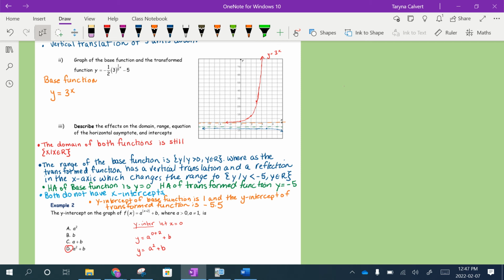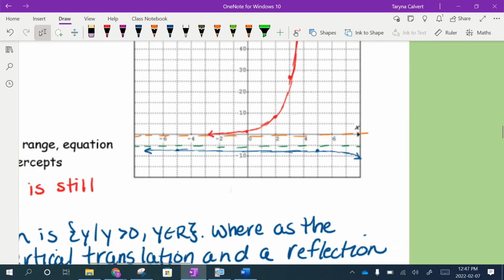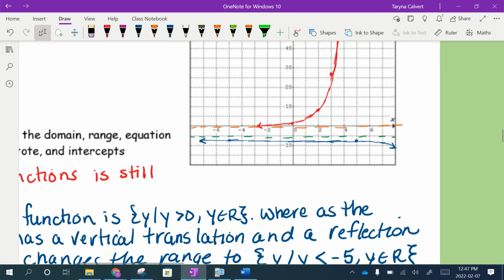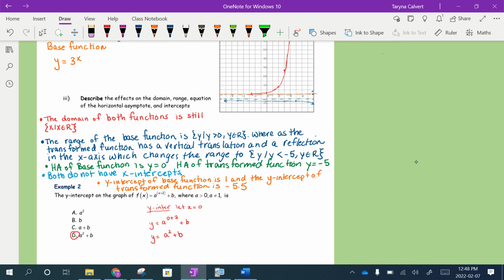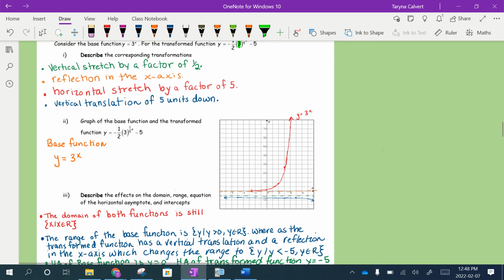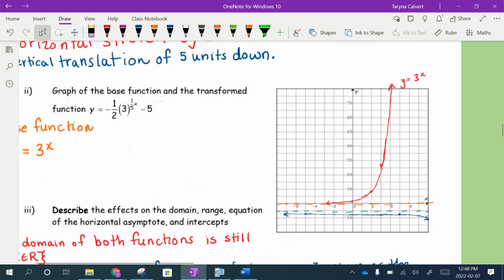Okay. And then y-intercept, right? So the y-intercept of the original was 1, so the y-intercept of the base function is 1, and the y-intercept of the transformed function is -5.5. You could have calculated those off the calculator, but to me, remember, to get your y-intercept, you just let x equal 0.